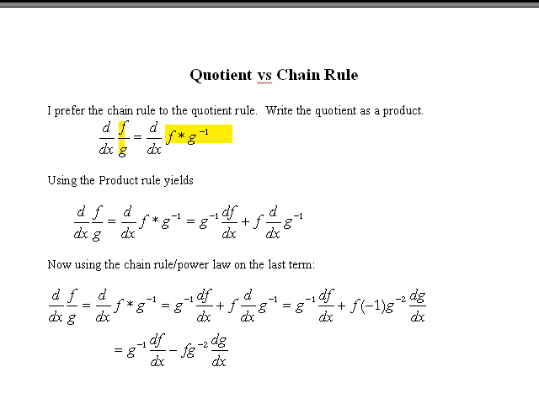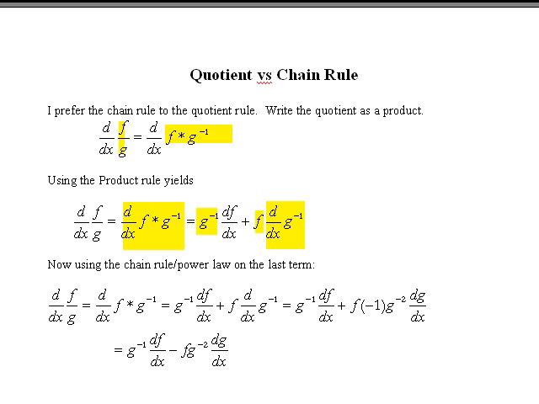At this point, I'll use the product rule. That means I hold the second term constant, take the derivative of the first, then hold the first constant and take the derivative of the second. To take the derivative of this g to the minus 1, I have to use the power law, or the chain rule in the power law.